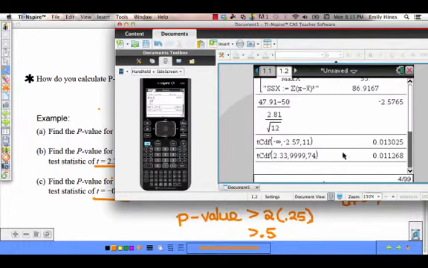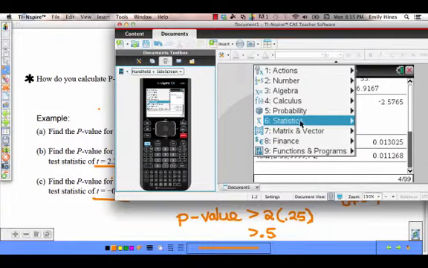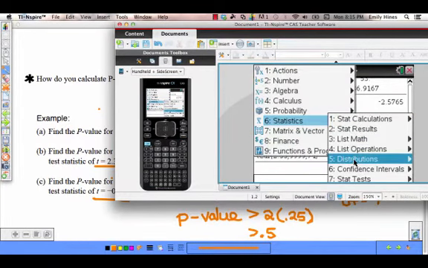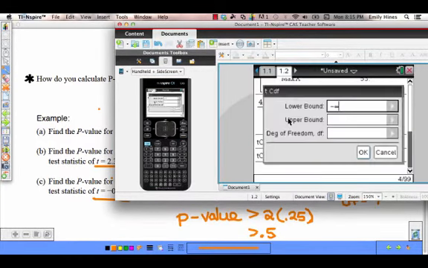Okay. Calculator, again, going to give me a more accurate response. So if I look at my calculator and I say menu, statistic, distributions, TCDF, in this case my lower bound can be negative infinity, my upper bound can be negative 0.51, and my degrees of freedom is 9.